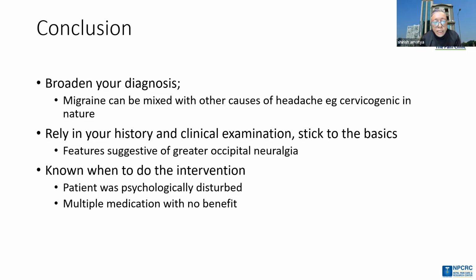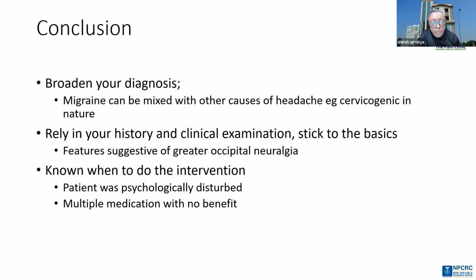patient. And the second thing, most commonly, is always rely on history and clinical examination and stick to the basics. For example, in this case, he was typically saying that the pain was radiating from the back of the head or occipital area or neck area towards the temple. That generally happens in greater occipital neuralgia.